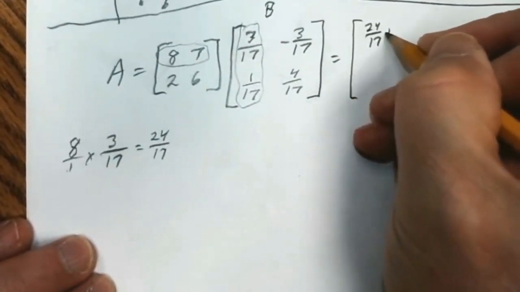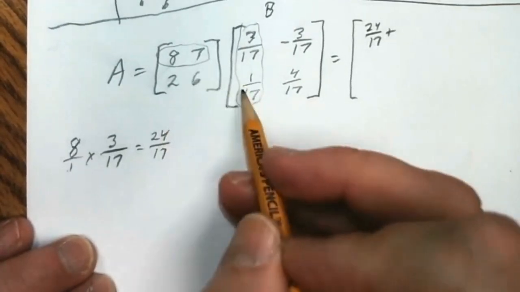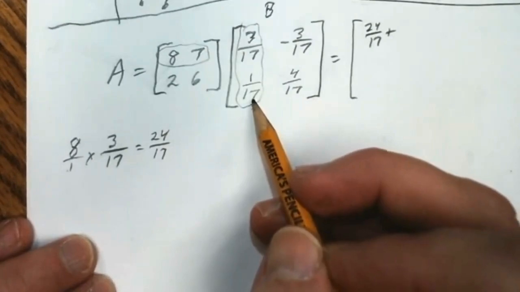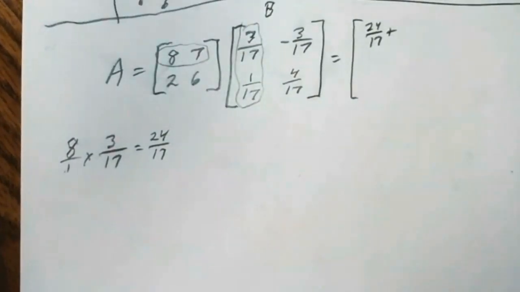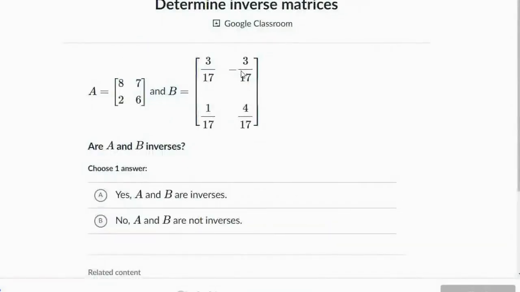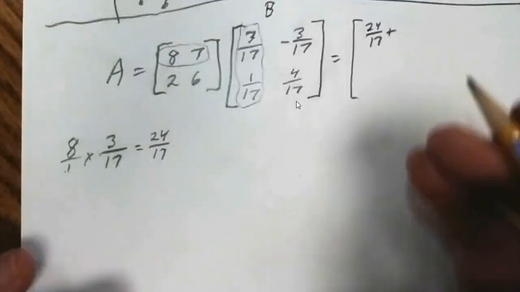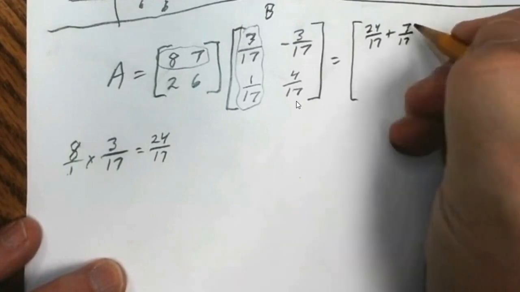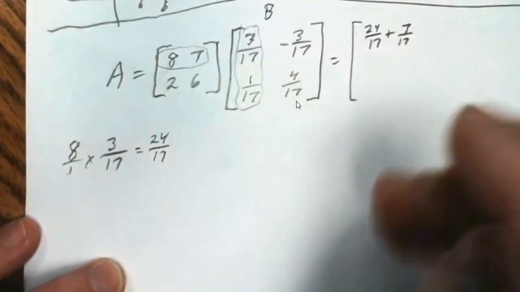24/17 plus the second numbers, 7 times 1/17. Let me make sure I wrote that down right. Correct, by the way, just to make sure. Yeah, the only negative was the 3 up there. Okay. Plus 7/17. 7 times 1.